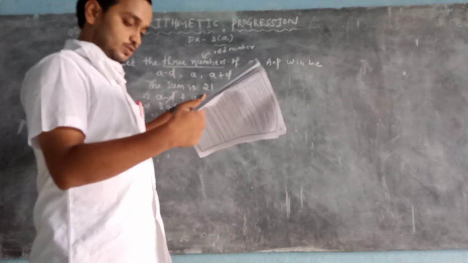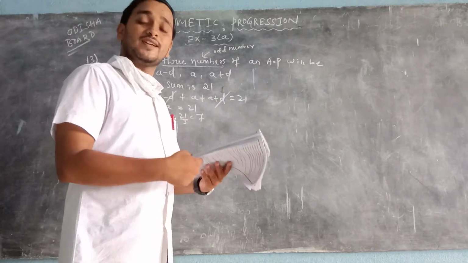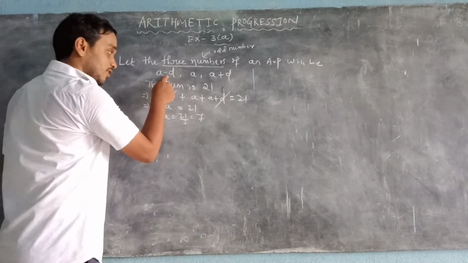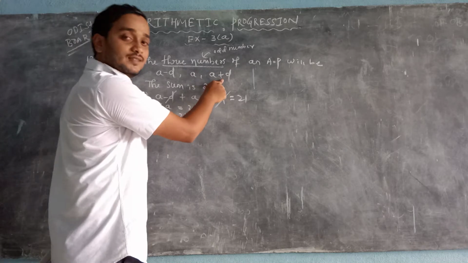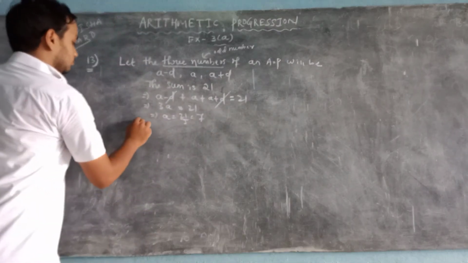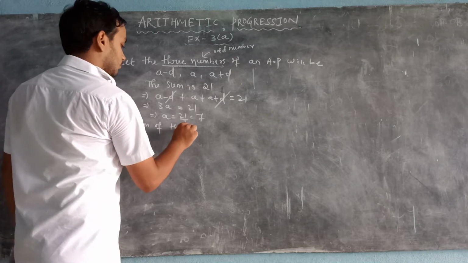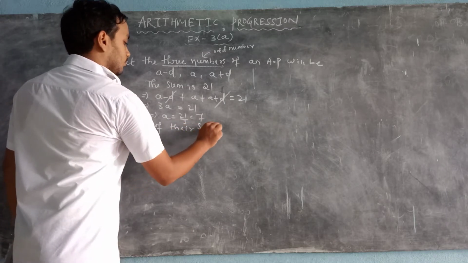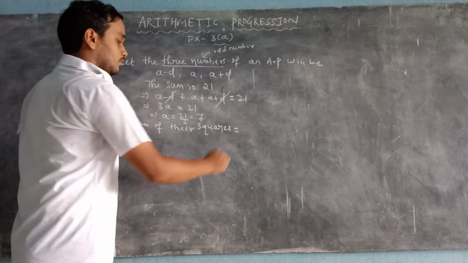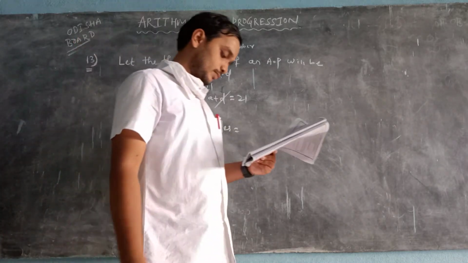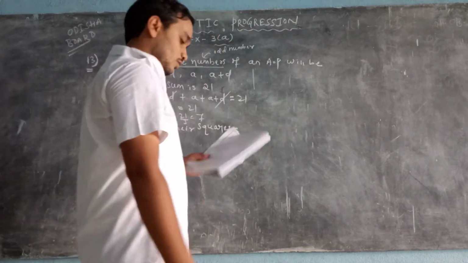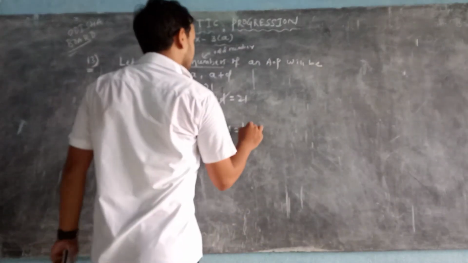Now the sum of their squares means this square plus this square plus this square, and it is 155.